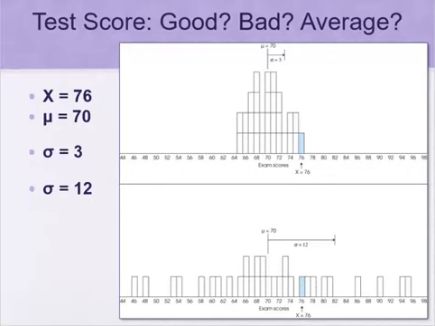so it's above average, but not by much. The point is, in order to interpret any particular score, it's helpful to understand where that score lies in the distribution. How does that score compare to the mean? And also importantly, the variability. The standard deviation of the distribution also comes into play, because it's another descriptive statistic that tells us something about the shape and overall performance within that data set.